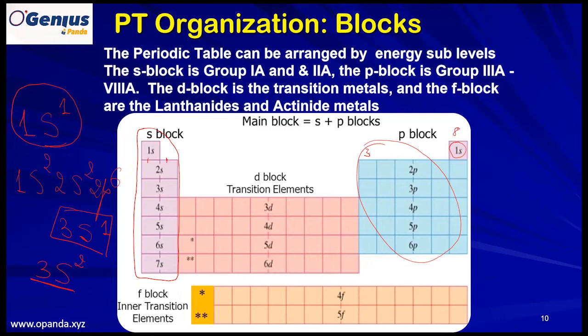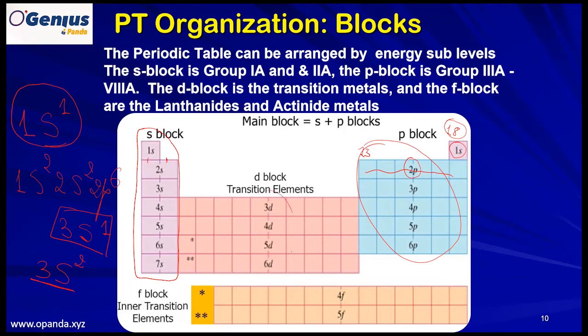So from group 3 or group 13 up to group 8 or group 18, here we have P block, meaning that the orbital which is being filled is P. You can try to write the electronic configuration of elements in these groups. You will see that you are adding an electron in a P orbital.